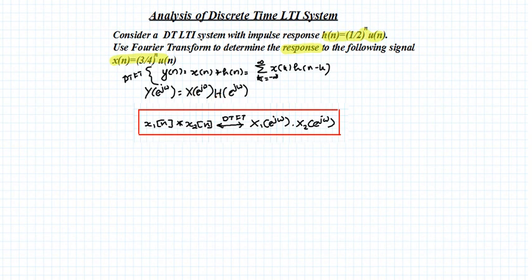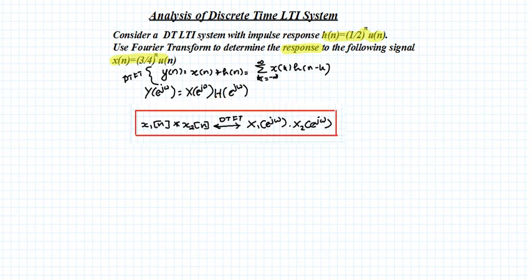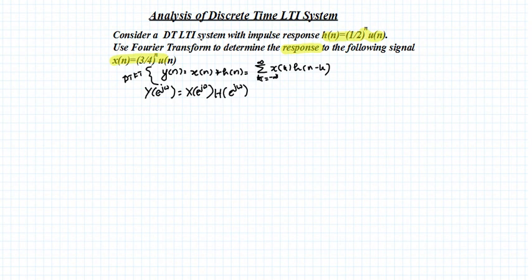That means I need to take the DTFT of x of n and h of n. Here X of e raised to j omega can be written as the transform of (3/4) raised to n into u of n.